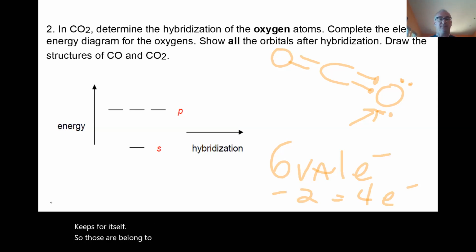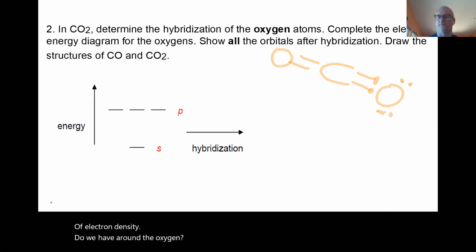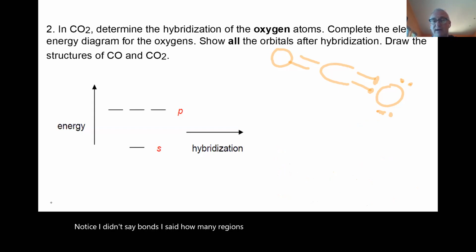It's not sharing them. So how many regions of electron density do we have around the oxygen? And notice I didn't say bonds. I said how many regions of electron density do we have around the oxygen? Basically, a region would be where we would find electrons.